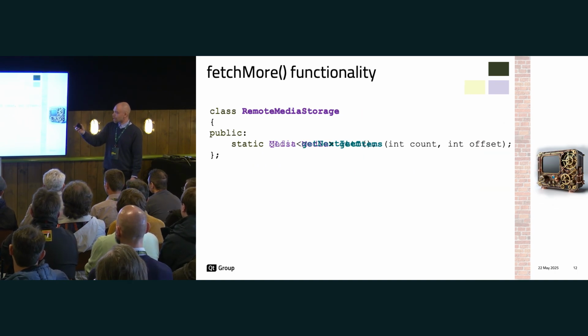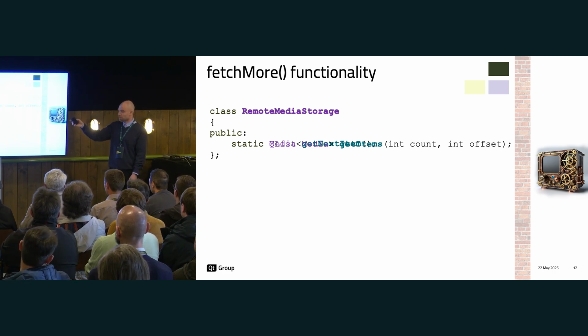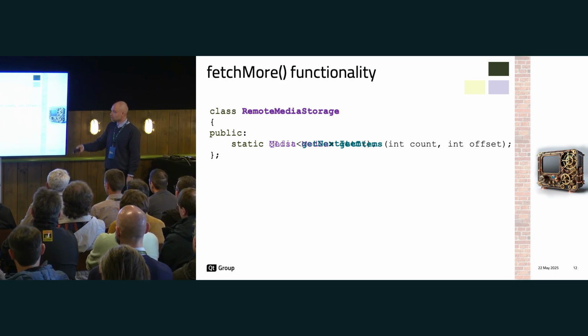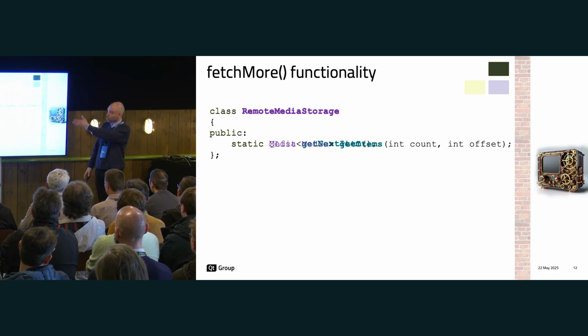So if I could ask for items by count and some offset, which is a pretty generic usual case. You can say that I want 10 items from the very beginning, or I want 20 items starting from the 15th item. This is something that we could handle with the fetch more functionality already in the Qt item view model architecture.